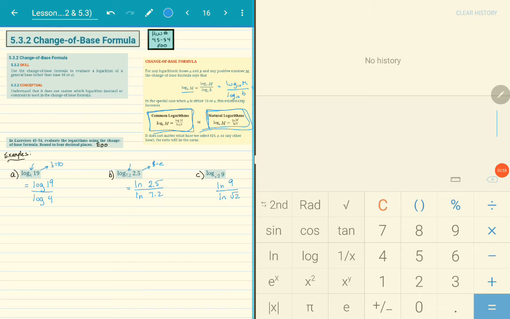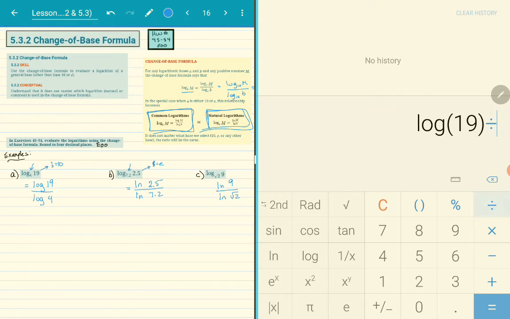So you'll need your scientific calculator, so you get either the natural log or the common log. As long as you have one of them, that's good enough. So for a, we decided to use the common log, so we're going to use this log button here. So we go log of 19, close your parentheses, and it's extra important to have parentheses around the 19 right now because I don't want it to think that I'm taking the log of a log.